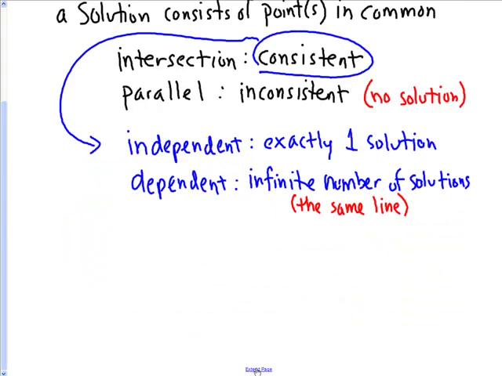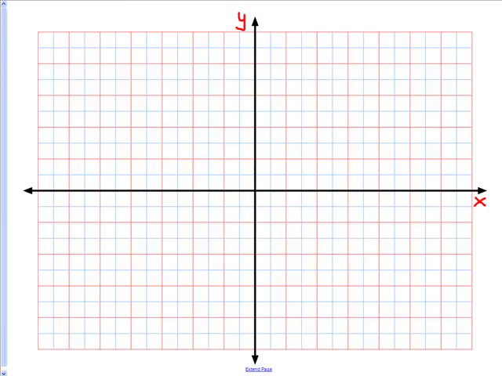So let's see how this works. I have two equations, y equals negative x plus 5 and y equals x minus 3. So let's graph those and see what happens. Y equals negative x plus 5 has a y-intercept of positive 5, and a slope of negative 1.